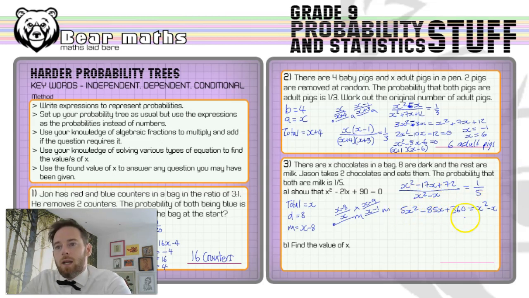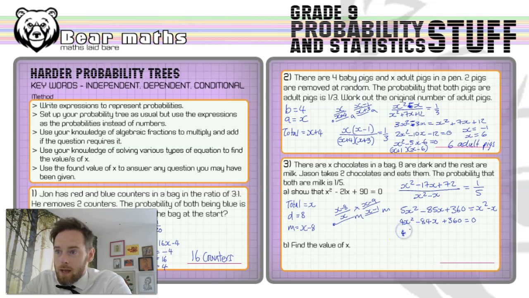Now we just make the quadratic expression equal to 0, and that will give us 4x squared. Add an x to minus 85 is going to be minus 84x plus 360 equals 0. All of those should be divisible by 4. 84 divides by 4 to give you 21.